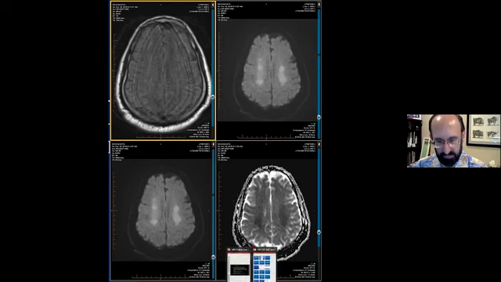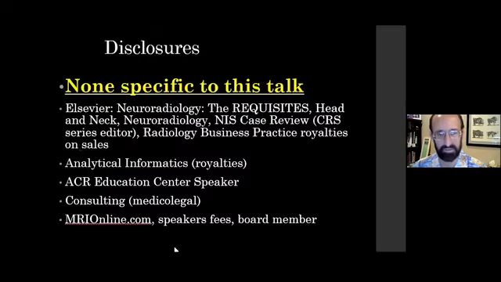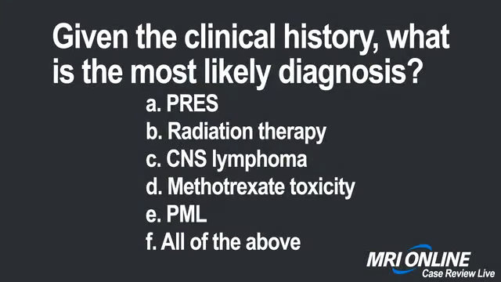So I'm going to go back to my slides, and we're going to take case one. Ashley, could we have the first survey? Given the clinical history, what is the most likely diagnosis?